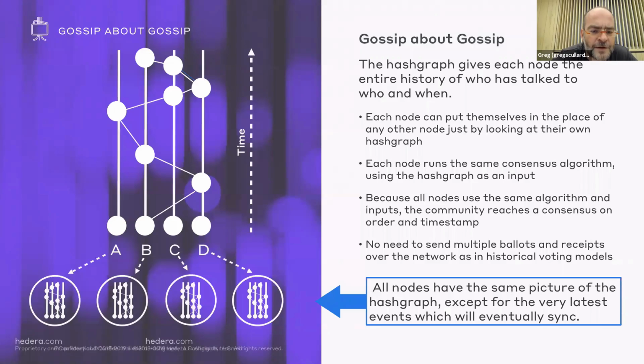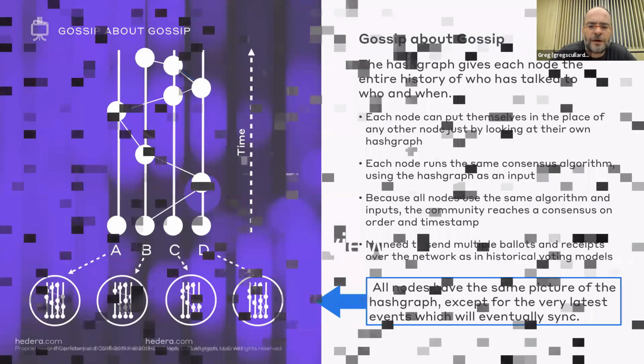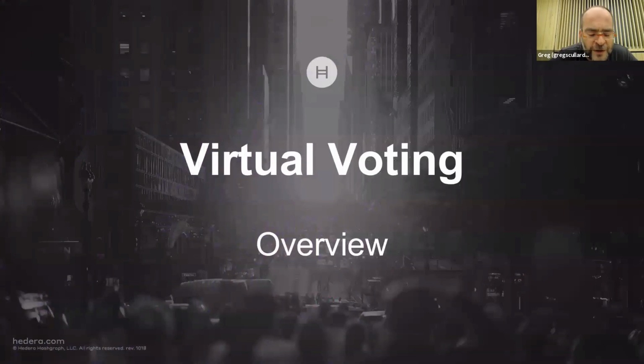And what this means is that they can independently vote on when events have occurred on the network. And they can come to consensus individually, but the mathematics show that they come to consensus identically, albeit separately.